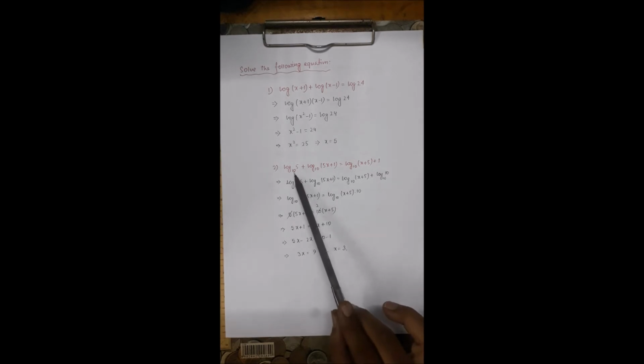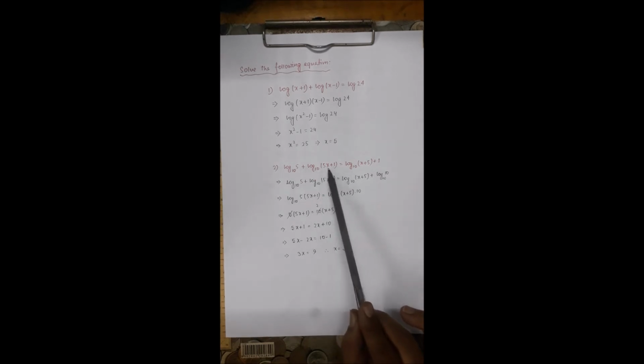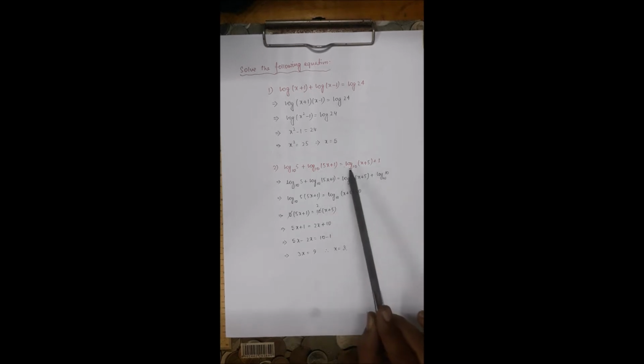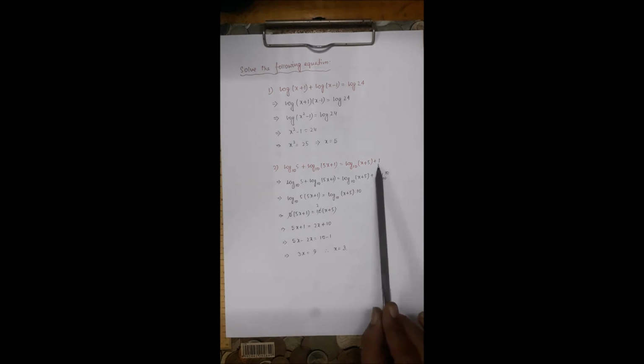Moving on to the next problem: log 5 to the base 10 plus log of (5x plus 1) to the base 10 equals log of (x plus 5) to the base 10 plus 1. So first, in place of 1, we are writing log 10, as log 10 equals 1.